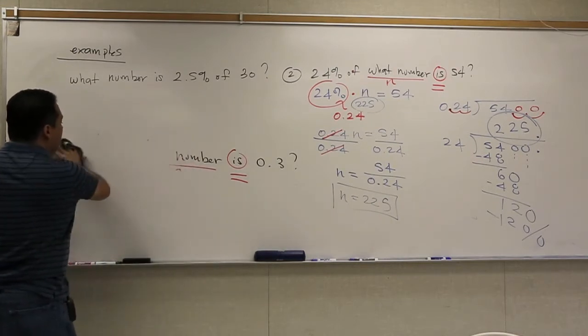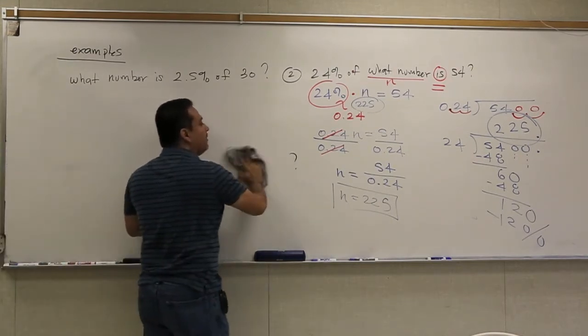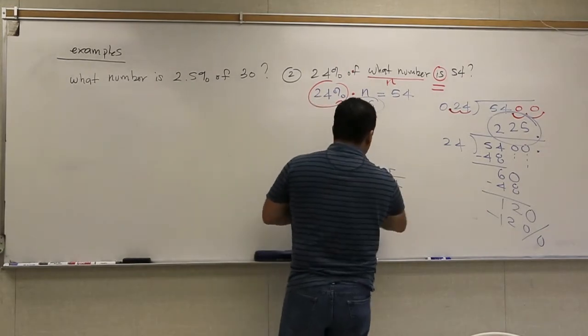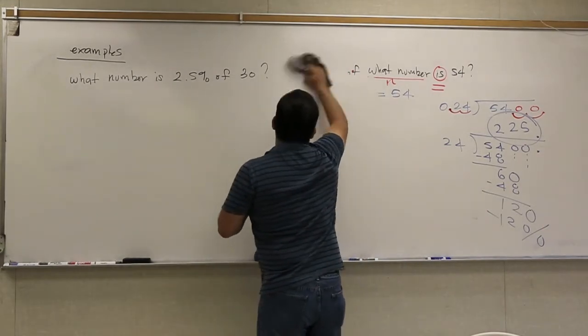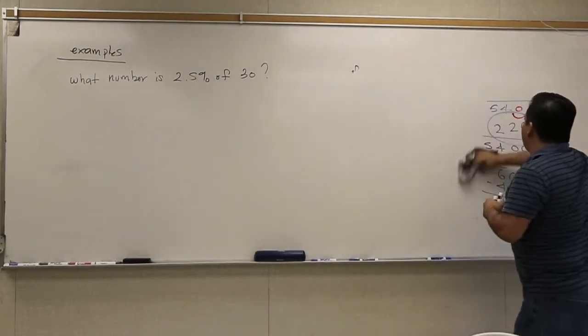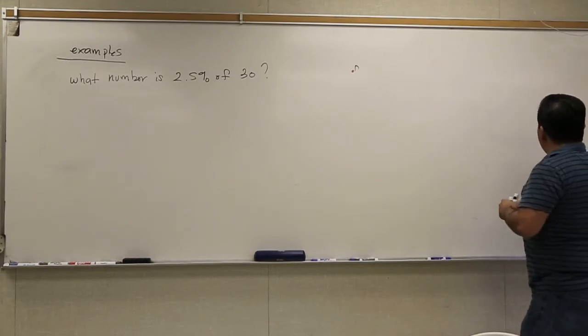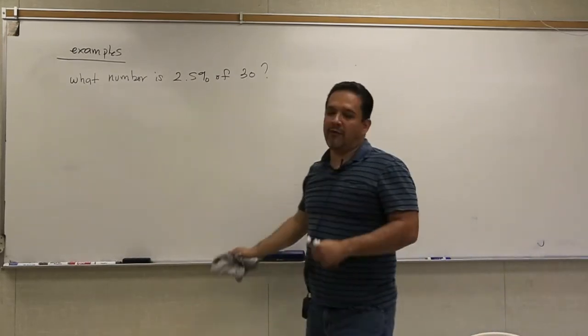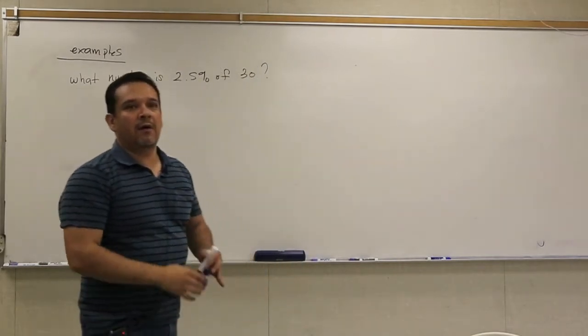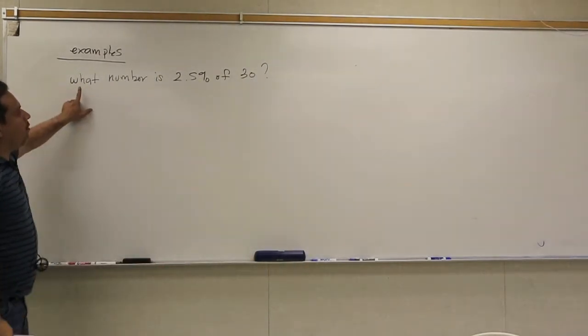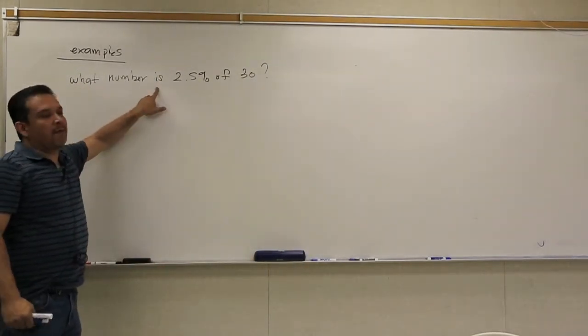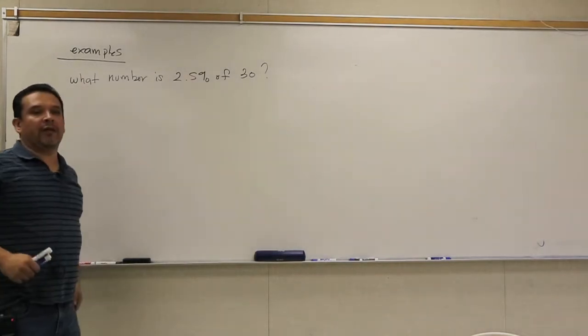This is different than the prior examples. This is really the third type, okay? So there's three types to do. You really have three flavors of the same thing. You guys ready for this? What number is 2.5% of 30?